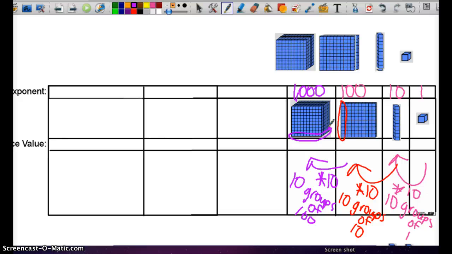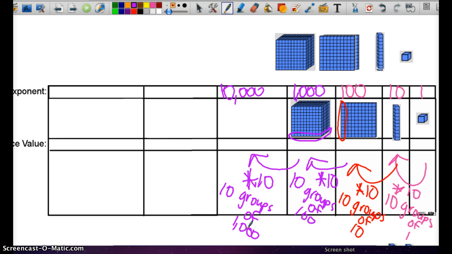Now to move forward, the students are definitely seeing a pattern. We know that this next place, the 10,000s place, should be 10 times the size of the thousands place, meaning it should be 10 groups of 1,000.